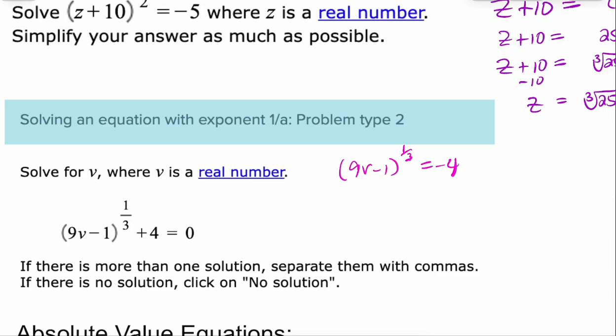We're going to subtract 4 from both sides, and then since this has an odd denominator and this one's negative, we can keep going. It's okay. Everything's okay to keep going. And so to keep going, what's going to get rid of a 1/3 but a 3/1, which is just 3. So this goes in parentheses, and we put it to a power of 3.